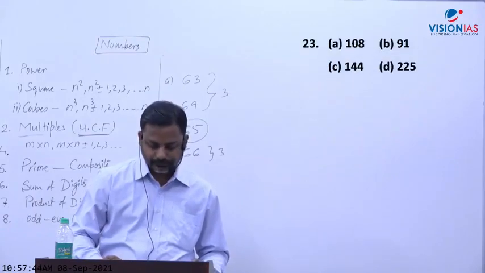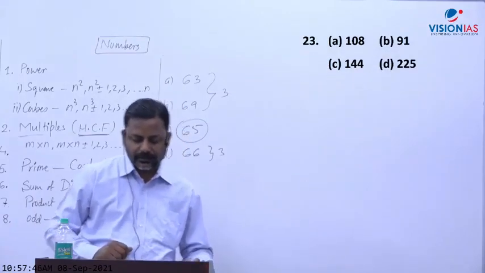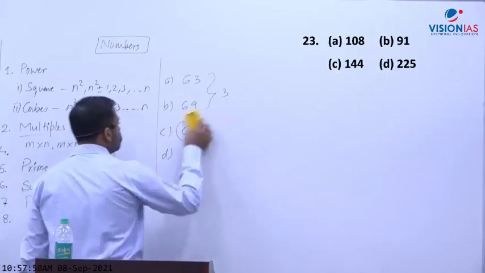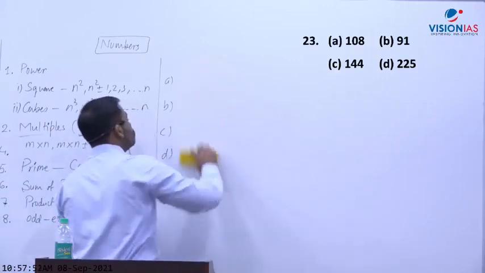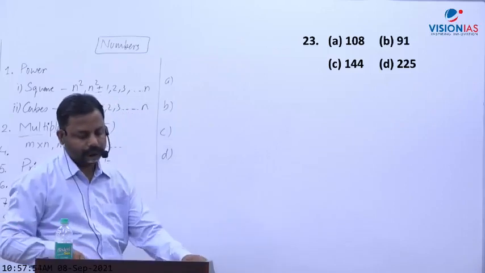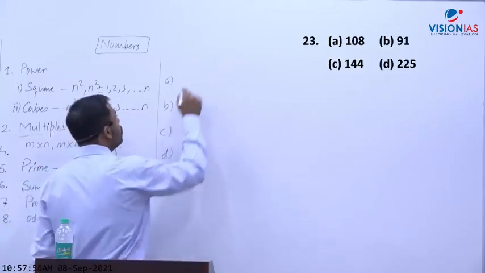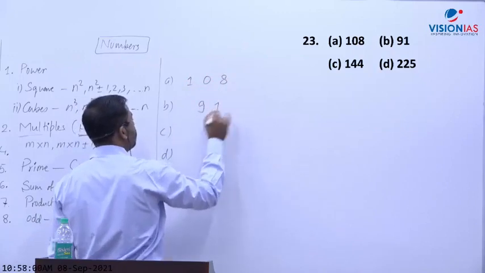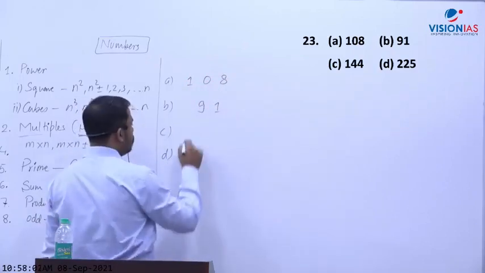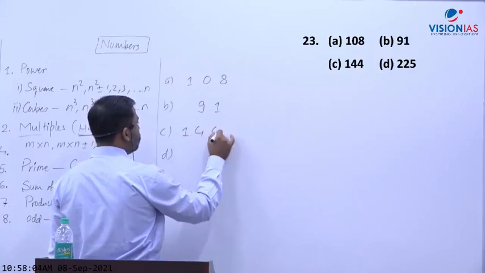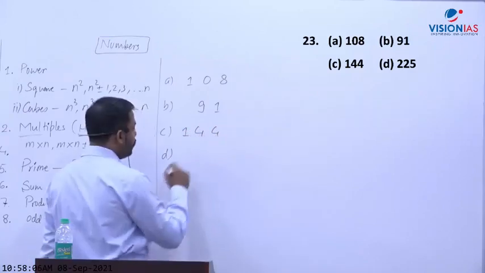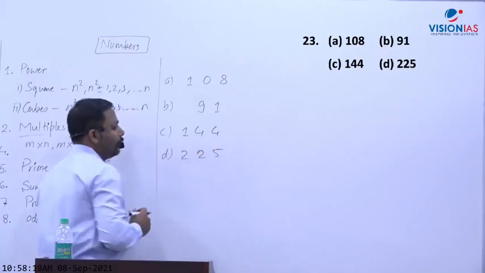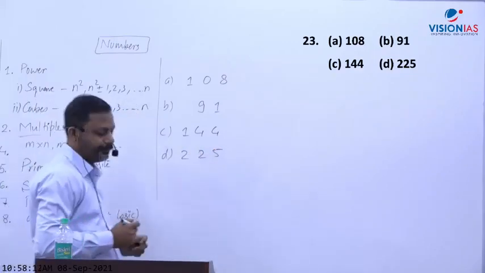Now see this question. Question number 23, 108, 91, 144 and 225. Which one is odd?